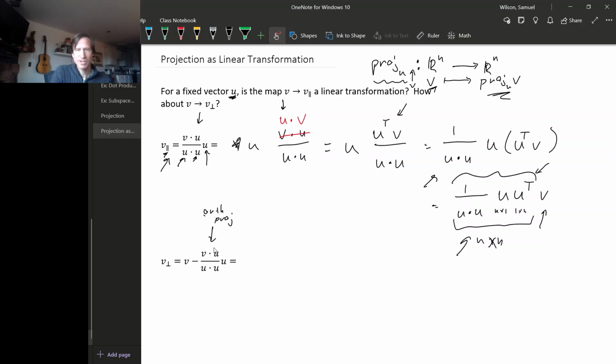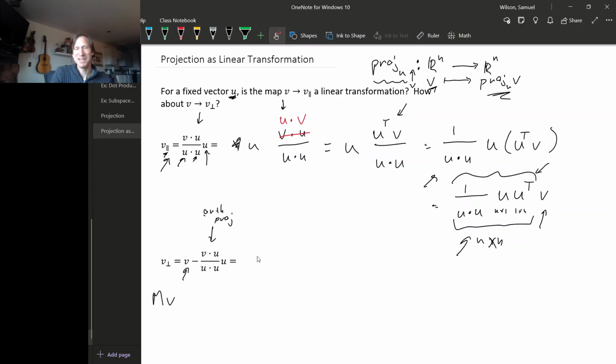What we're trying to do is come up with some matrix so that V perp is that matrix times V. But we have V spread around in too many places here. Wherever V shows up, we want to write that term as some matrix times V. So for this first part, what matrix do you multiply V by to get V?